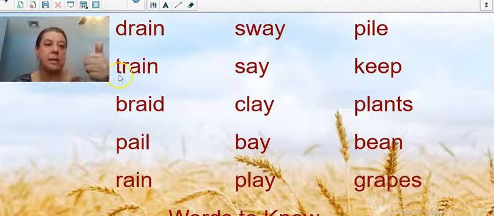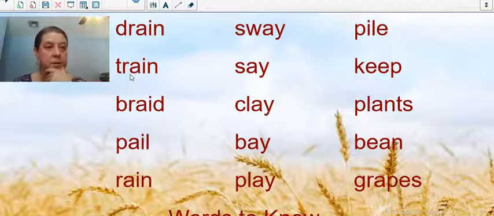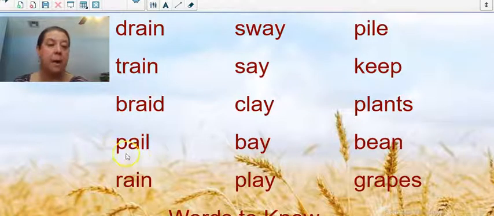This would be T, A, N. What's our word? Train. Good job. So let's try to read this one. Braid. So this is A. Pail. Read after me. Rain.